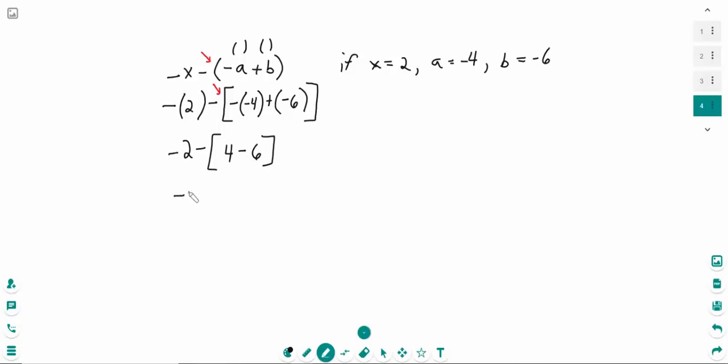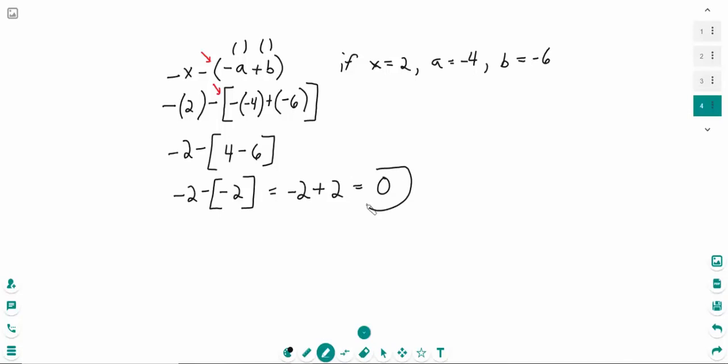We can now take it one step further and solve for our brackets. 4 minus 6 is a -2. And from here, we can say we've got a -2 minus a -2, which then turns that into a +2. All right, and a -2 plus a 2 is a 0.